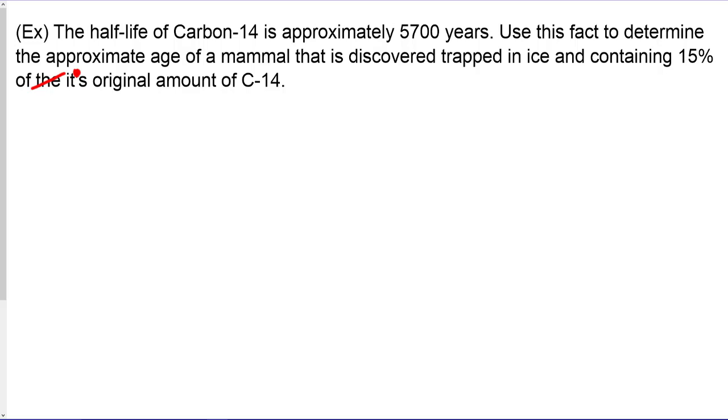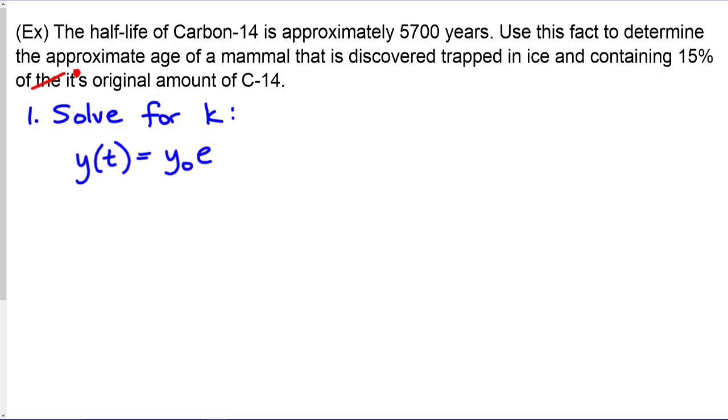The process is basically the same as what we did in the last example. We first need to figure out the value of k. So we need to solve for k, which, in this case, is going to be a decay constant, so it's going to be a negative number. But we base this off of the same model we've been using. So y of t equals y sub 0 e to the kt.